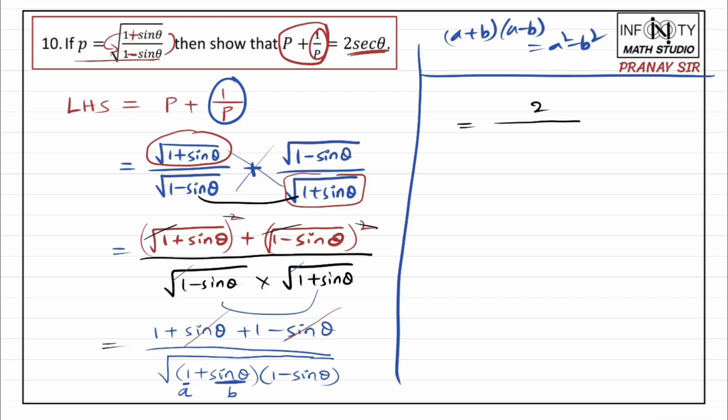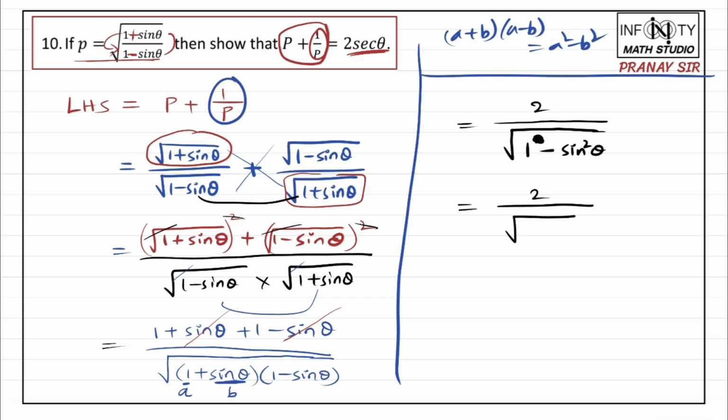Alright, so 2 by, in the denominator I apply the formula, we get under root 1 square minus sin square theta. Anyway, 1 square or 1 both are same, so I ignore this square here.